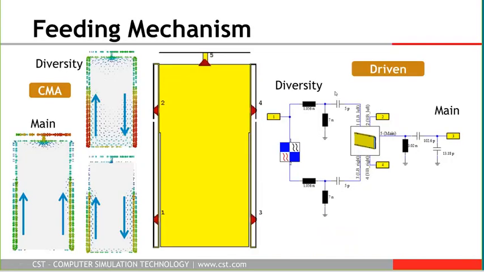It is necessary to design a network which will feed these antennas, and actually the main antenna needs a common mode excitation, or an excitation of port 5, and the diversity antenna needs a differential mode excitation.